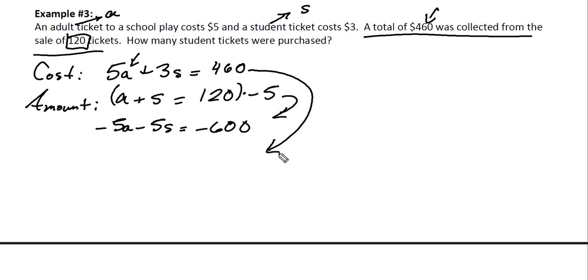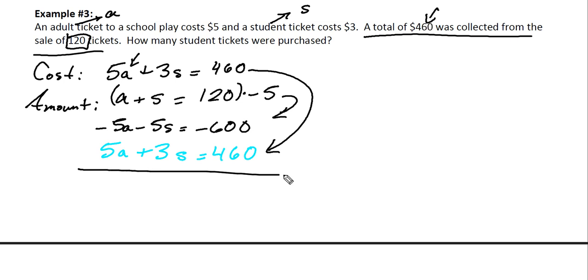I'm going to write this right underneath here. And I know that's very light. Hopefully you can see it. We're going to combine these two equations. So this was the top equation. This was the new equation after we multiplied that second equation by negative 5.